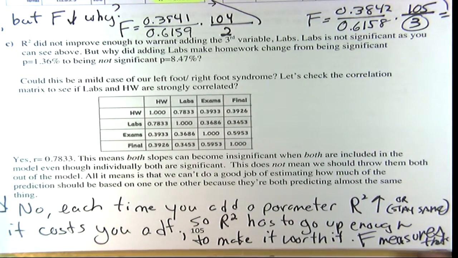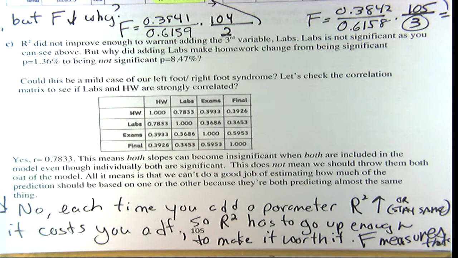So you want to look at your F statistics and your p-value, that will tell you. That's if you're comparing models that have different numbers of parameters. If you're comparing models that have the same number of parameters, then R squared going up will be important. It will always correlate with a higher F.